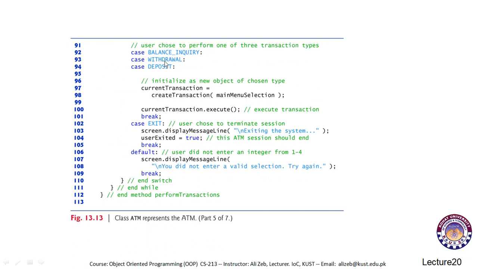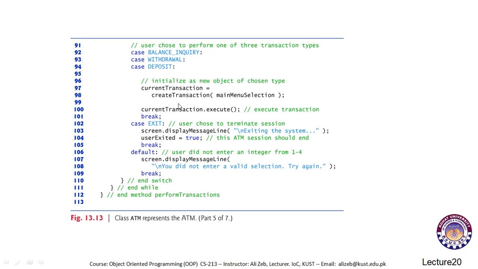In case it was balance inquiry, the transaction will be initialized to the balance inquiry. If the user chose withdrawal, the current transaction will be initialized to the withdrawal, and if the user selected deposit, the current transaction will be initialized to deposit. And then we can execute the method of the particular transaction that the user has chosen.